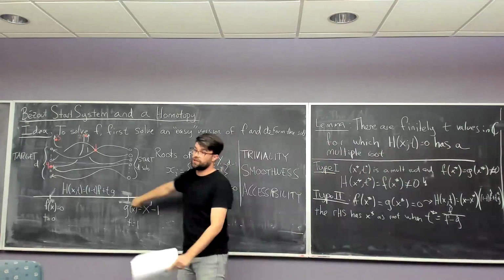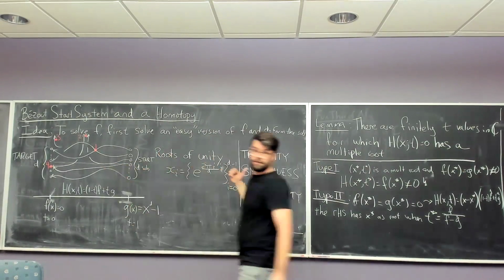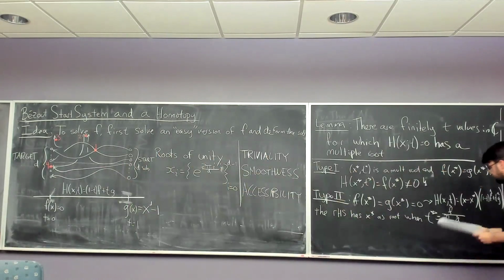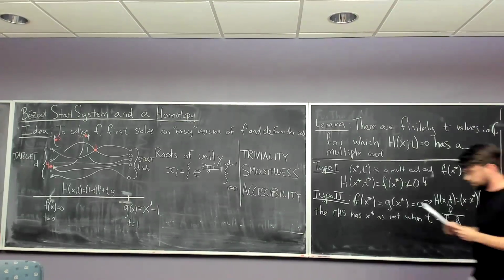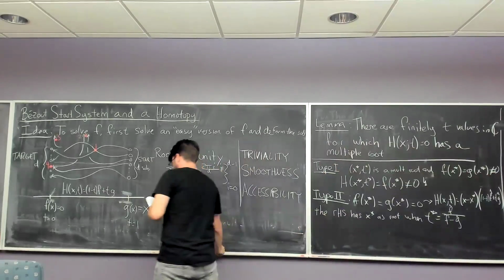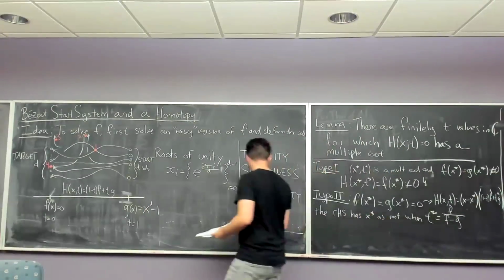So we have cooked this up to already not have multiple roots. And so along the way, you don't get a multiple root. Okay. Type 3 is that f and g do not share the same value at t star.